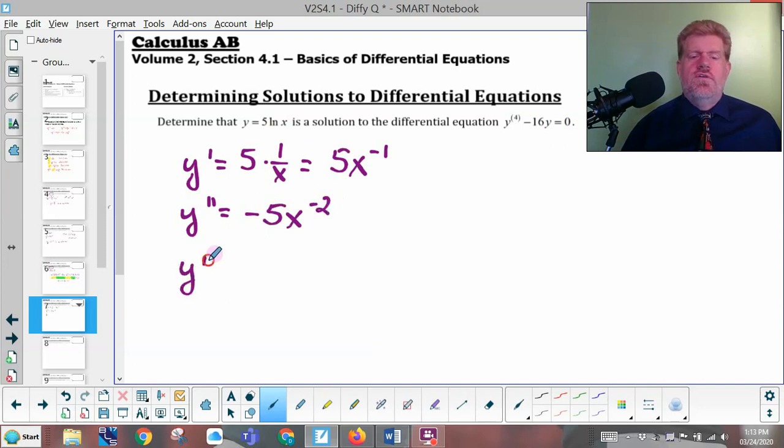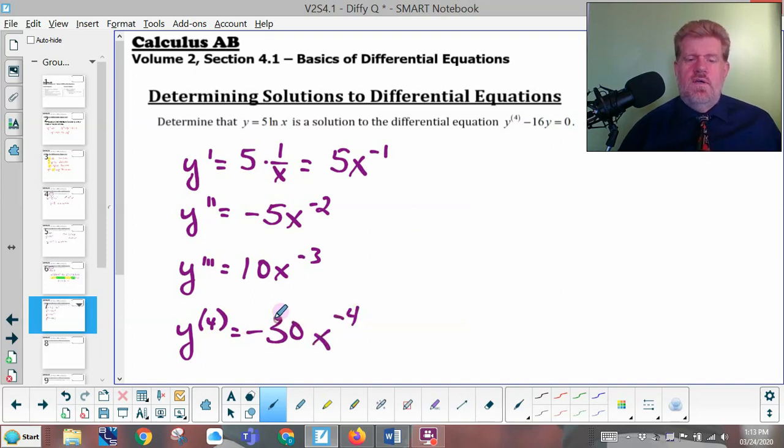Third derivative, 10 x to the negative 3. And the fourth derivative, negative 30 x to the negative 4. Okay, so there's my fourth derivative, and there's my original equation. Is this going to be true?